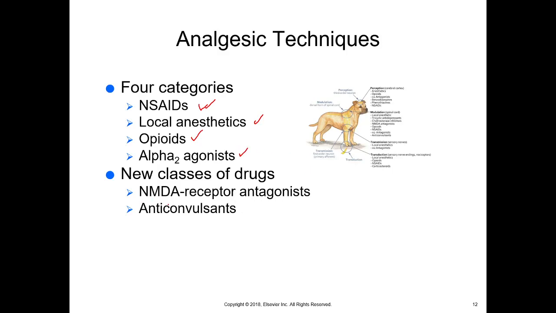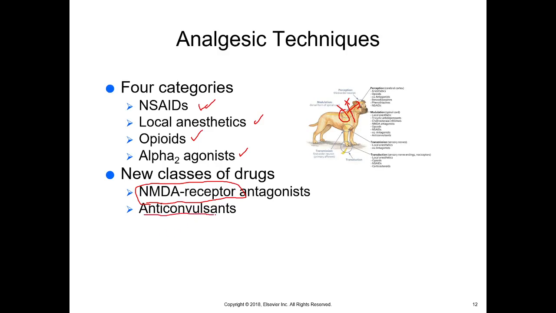There are some other new classes of drugs that we use, such as NMDA antagonists. The neuromuscular junction between the nerves and the perception of the nerves, it puts a block right there. So things that keep the pain sensation from being perceived.